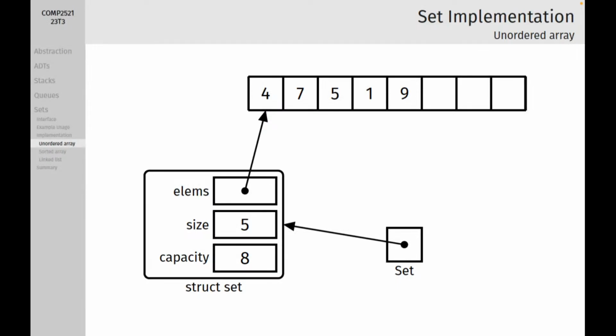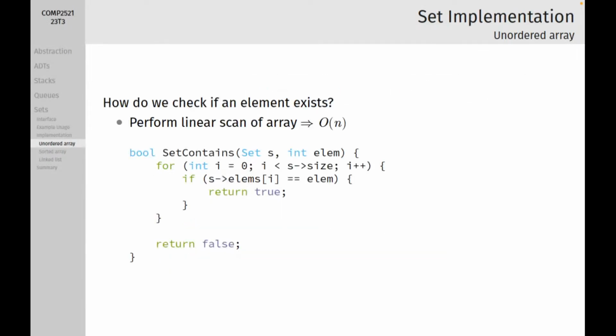Okay, so how would this implementation perform? Right, well, here I'm going to focus on the 3 main operations. So we check if an item is in the set, so set contains. We'll also analyze insert and delete. Right, so those 3 operations, so contains, insert, delete. Right, so to check if an item is in the set, then the array isn't ordered, right?